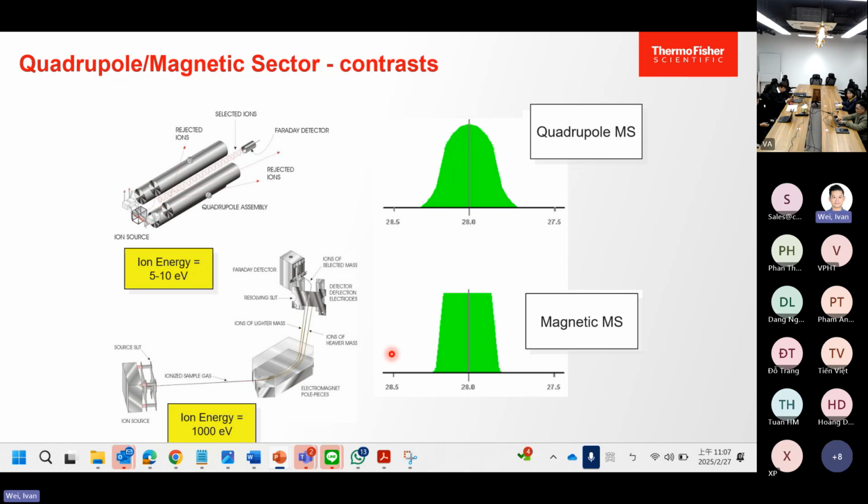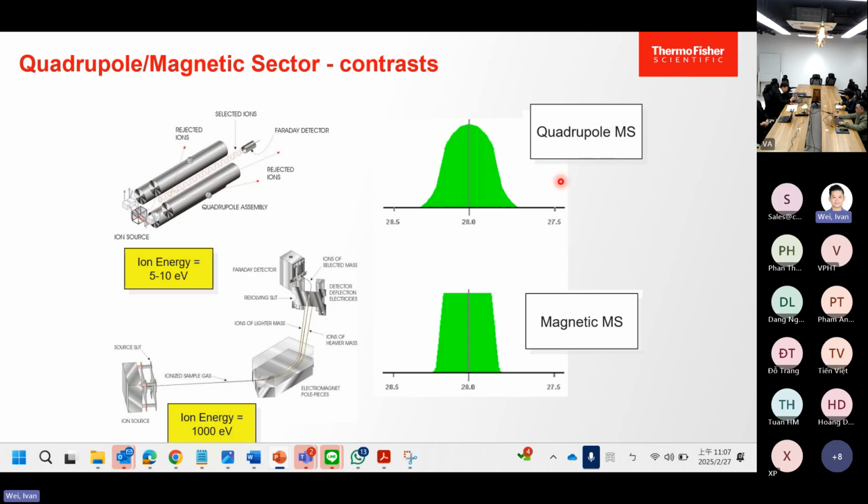In our case, in our process monitors, we are using magnetic sectors to create a different magnetic field to filter out the different fragments.